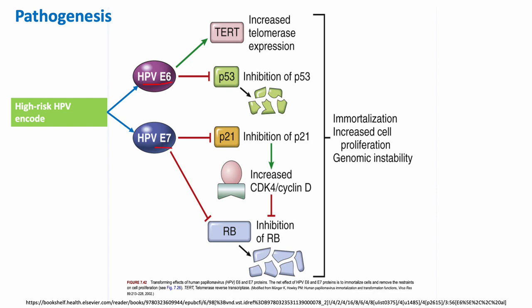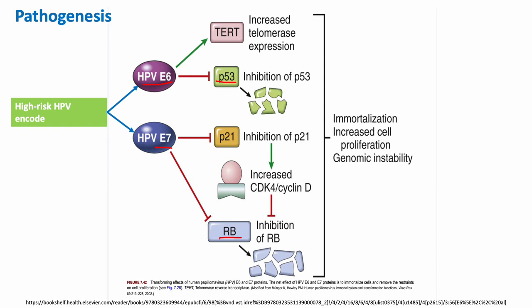E6 and E7 play different roles in cell proliferation and the neoplastic process. E6 will inhibit p53, and E7 will inhibit the retinoblastoma gene.